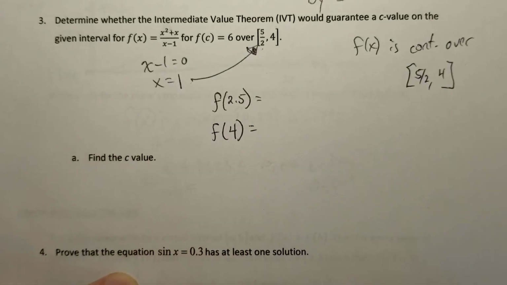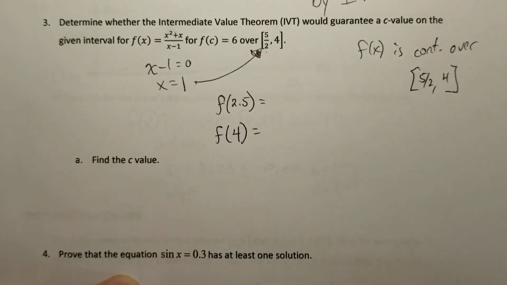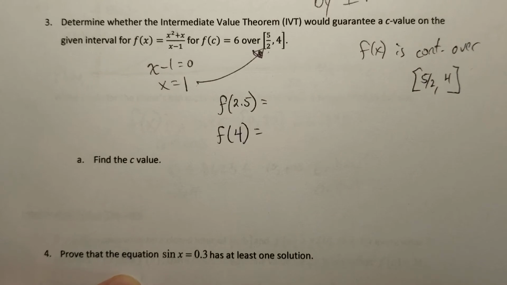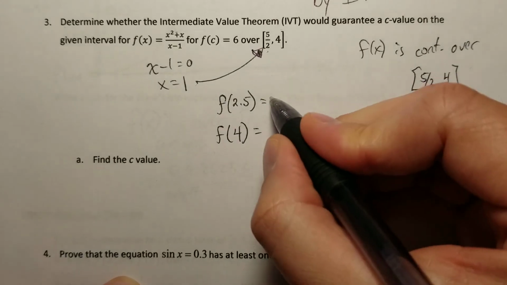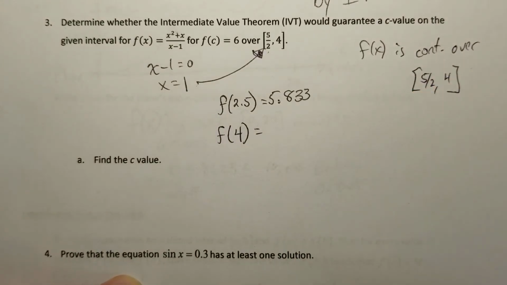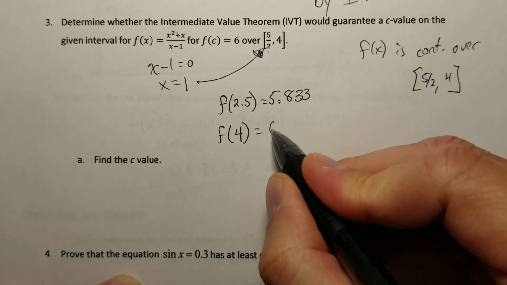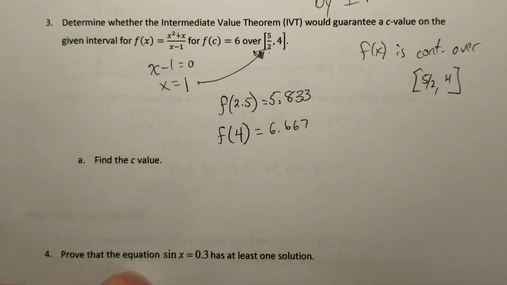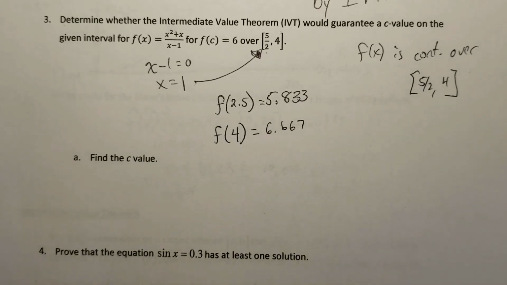I have already computed those in a calculator. When I plugged 5/2 or 2.5 into my calculator, I got 5.833. And when I plugged 4 in, I got 6.667. If you need to, go ahead and take a moment to plug those in just to be sure.